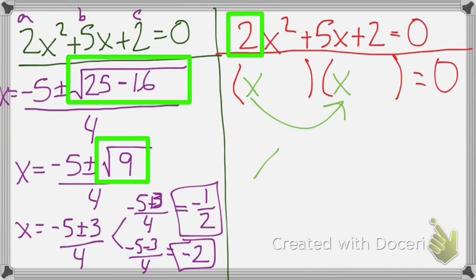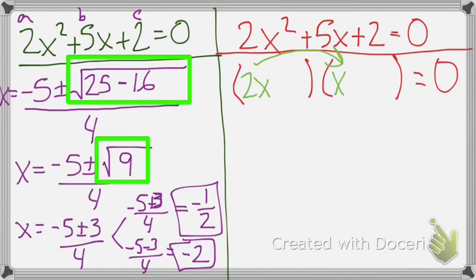So right away, what that tells us about our factors is that one of these has to be a 2x, and then the other one has to be a 1x. That way, when we multiply them together, it would get us back to what we started with up there in front. So that's the first way that the number in front messes up the factoring.